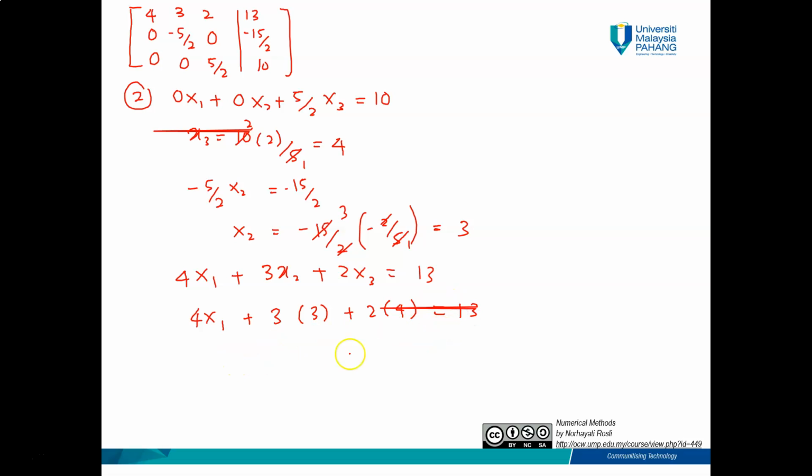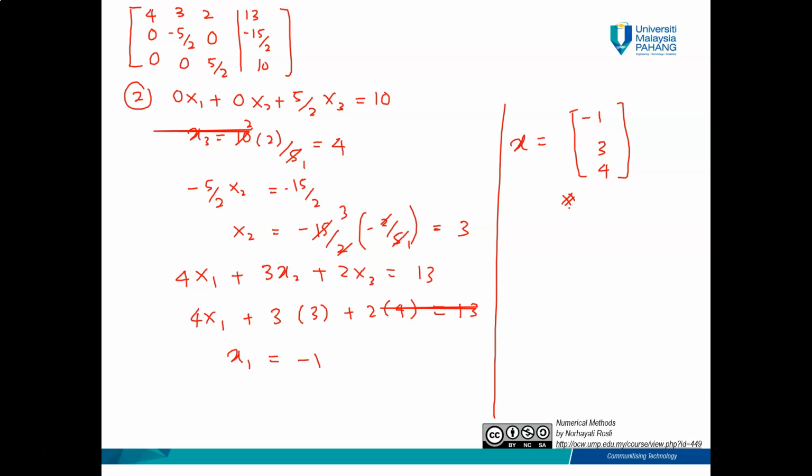When we solve this, you will get the answer: x1 will be equal to negative 1. Means that here, class, we got our x1 equal to negative 1, x2 is 3, and x3 is 4. This is the final answer.